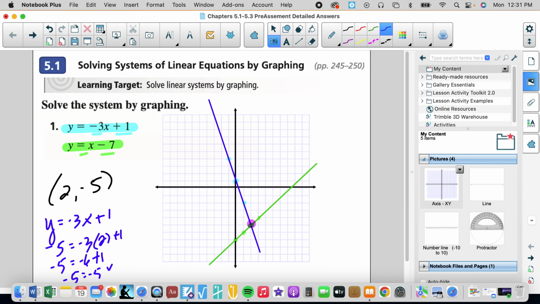And it does, and that's the first equation. And then we can do the green equation, y equals x minus 7, plugging in -5 for y and 2 for x, and we get the correct answer. They won't always have the same solutions, but it works. Good, so my answer is 2, -5.